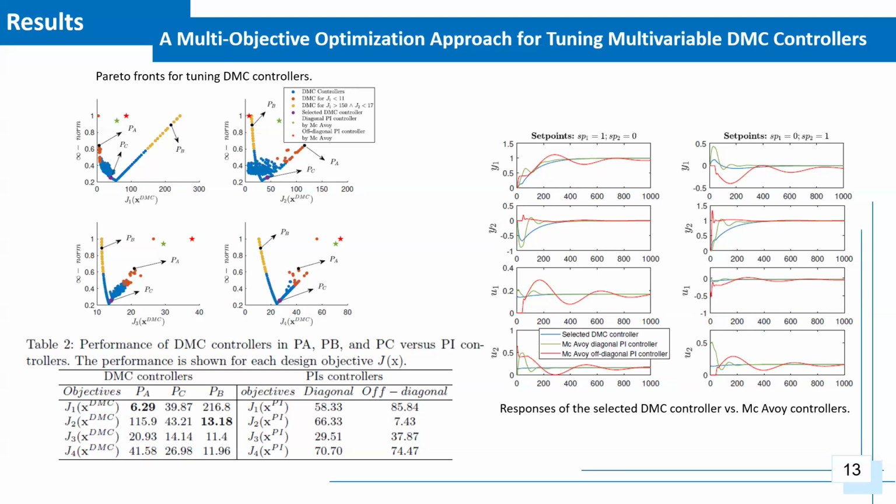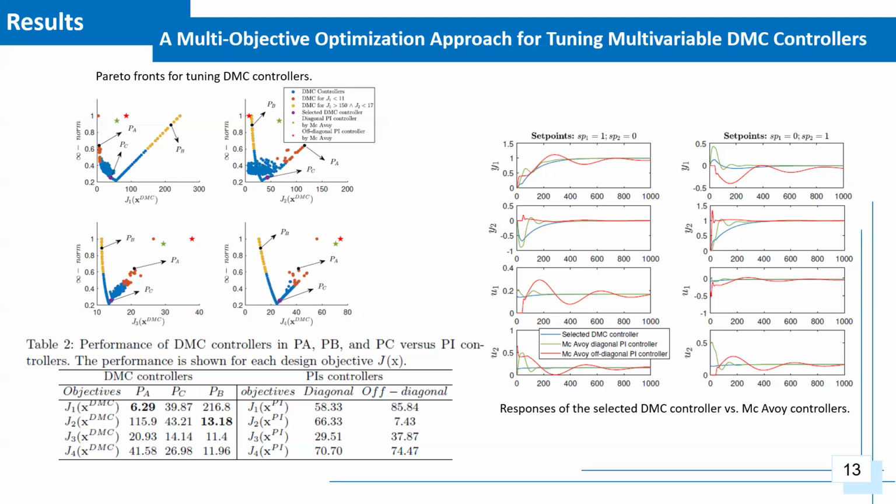We also tuned two proportional integral controllers, one diagonal and one off-diagonal, to compare their performance with the DMC controller obtained using our proposed methodology. As shown in Table 2, the DMC controller performs better in three of the design objectives, J1, J3, and J4.